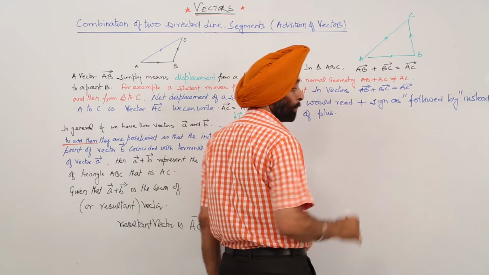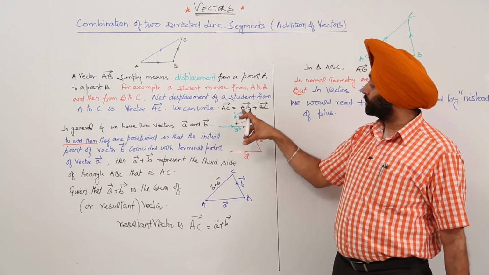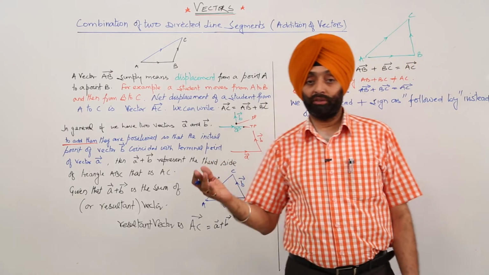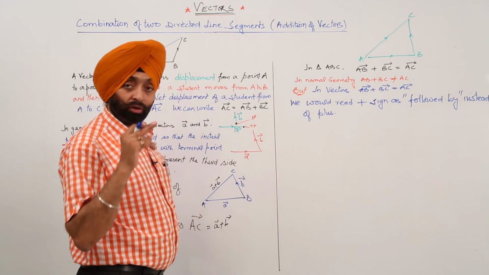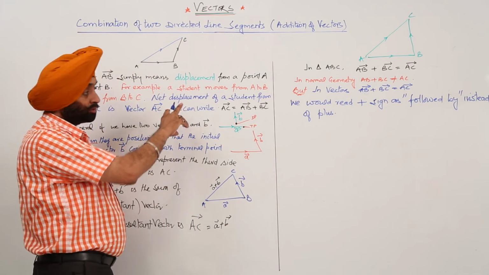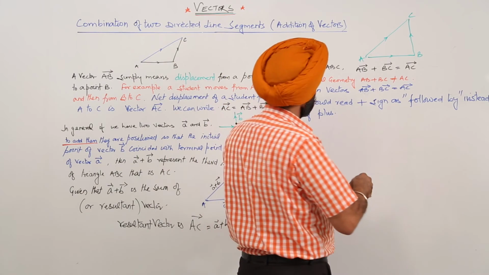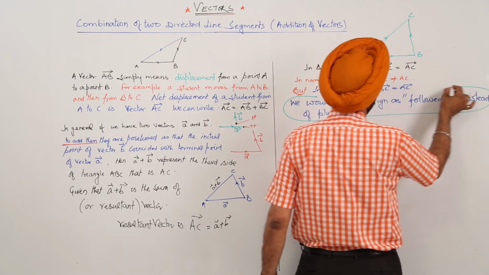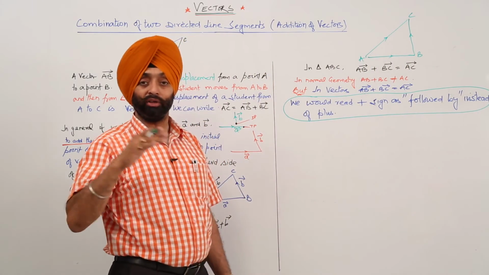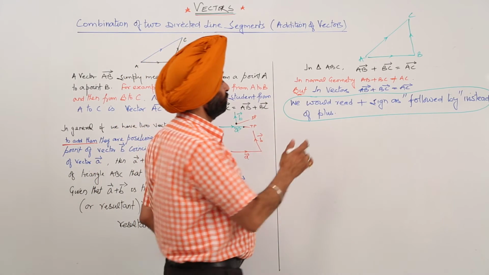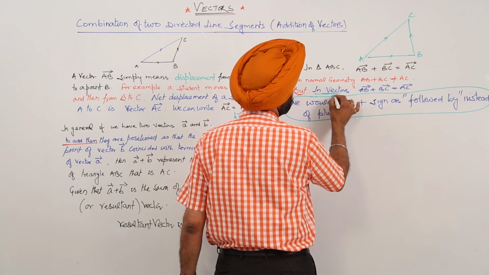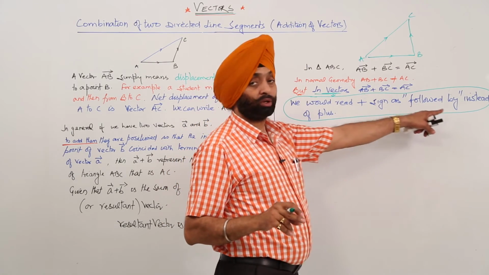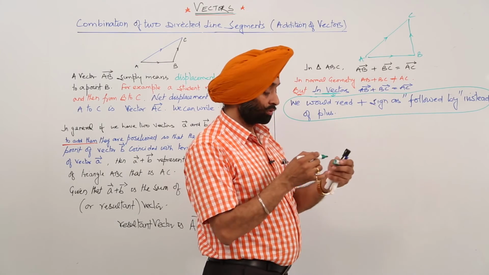Is it clear? So that's why I was not saying what this symbol means. Now we can write AB followed by BC, or the word I already used, net displacement. This is a very important and very new concept I have written here. In vectors, this plus sign will be read as 'followed by'; otherwise, in a triangle, it is wrong. Is it clear?